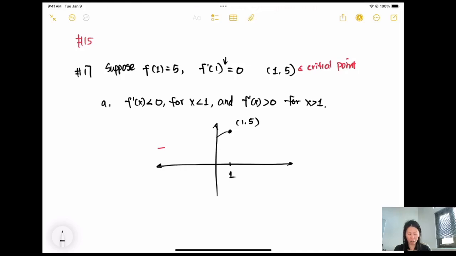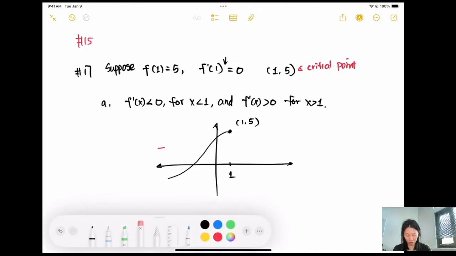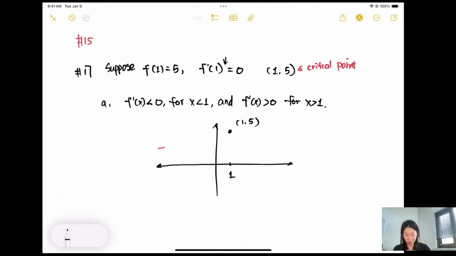That means this is going to be going down, because less than 0 means the slope is negative. Oh, sorry, I drew this wrong. The slope is negative, which means the graph is going down. So it must go from the top to the bottom.